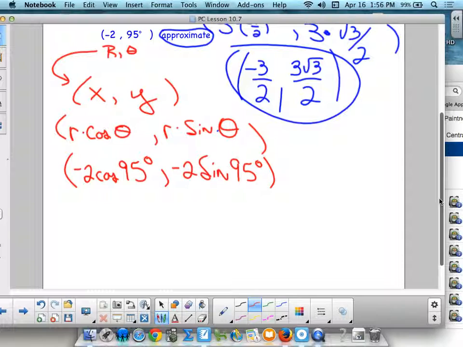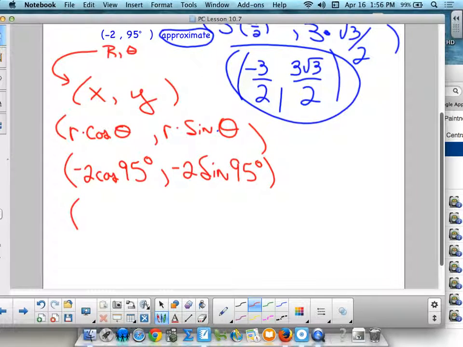Okay, I just did exactly what I did last time. This time, I just threw in the 95. Because I don't have any special triangle to look at. So you tell me, what does this one say?